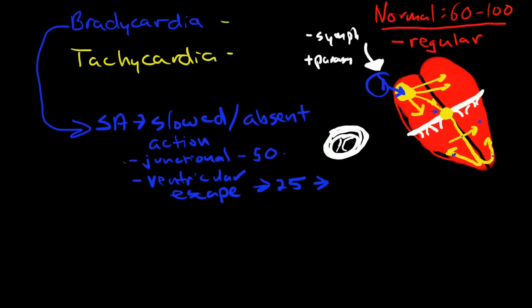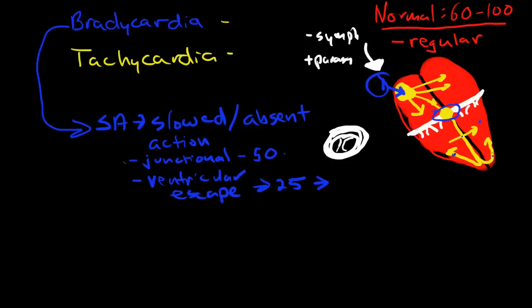Another cause of bradycardia is blockage of conduction from the SA node. The most common place of blockage is dysfunction of the AV node. This may be caused by ischemia or fibrosis from a prior MI, or from myocarditis from viral infection, or anything that can damage the myocardium can damage the AV node.